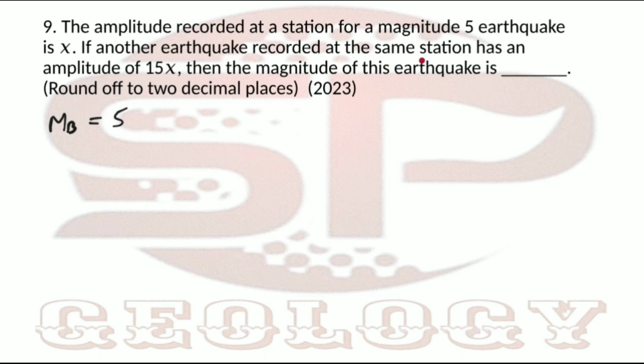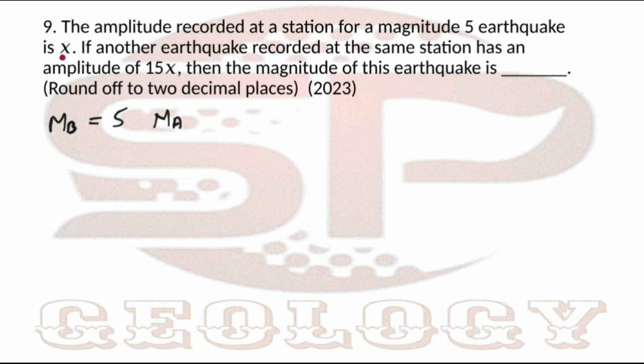We have to calculate the magnitude of the other earthquake, which we take as Ma, because the amplitude in the second earthquake is more. So the magnitude of the second earthquake will be more than the magnitude of the first earthquake.